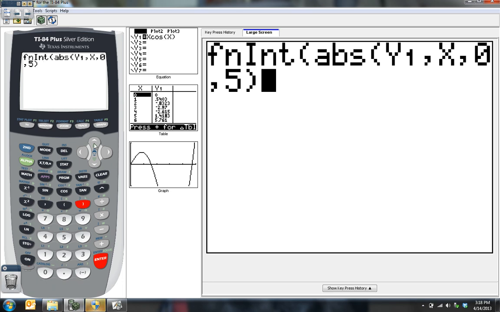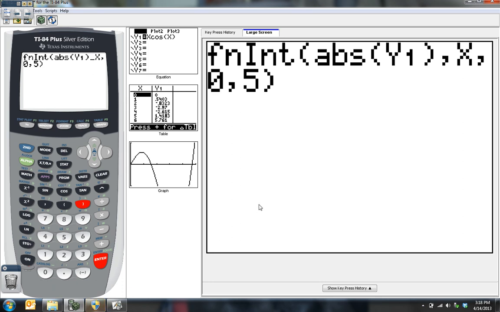Sorry. Bad Miss Bousquet. Miss Bousquet missed something in here, so that would have gotten her an error, because I missed the parenthesis for the absolute value. Right? So she closed the parenthesis here for the fnInt, but not the parenthesis for the absolute value. So I'm going to insert one. So I'm going to go to second insert, right? And then I'm going to put in a parenthesis right there, and that will put one in for my absolute value.